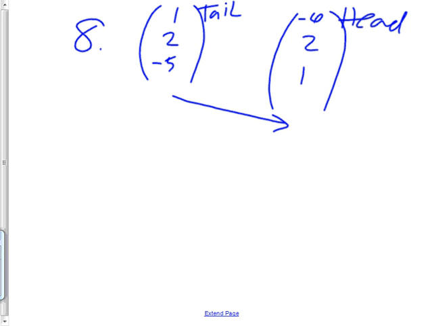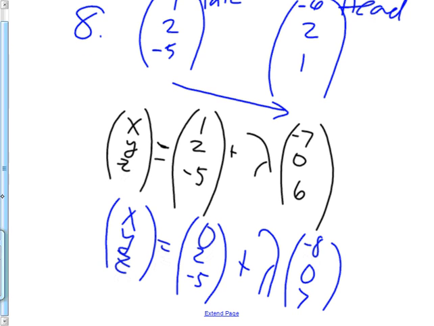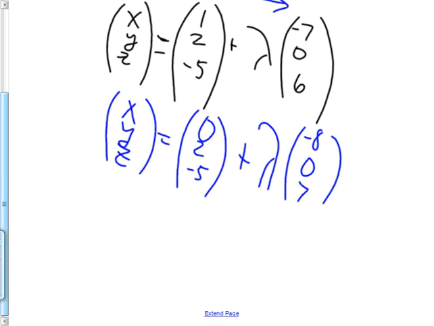Pause for a second, let me try that. Okay, so the answer to question number 8 is the black vector, and that gives you the vector that has a tail at 1, 2, -5, and the head at -6, 2, and 1. Now, if I give you this other blue vector down here, now you have 2 vectors. Tell me if they're parallel, they'll never touch.